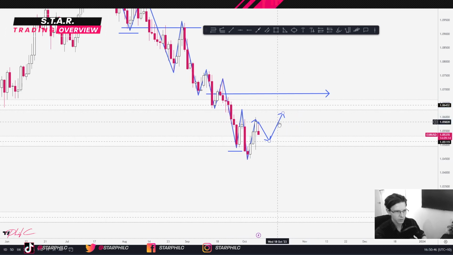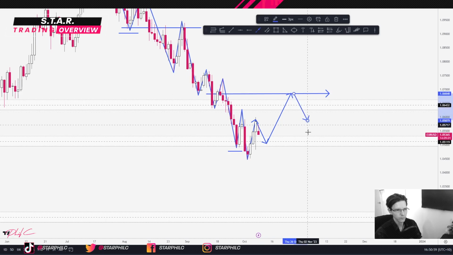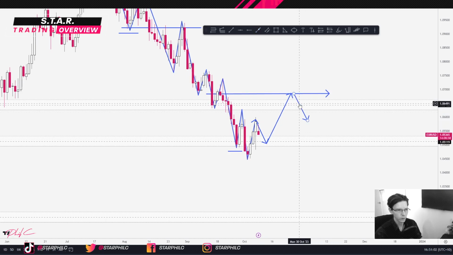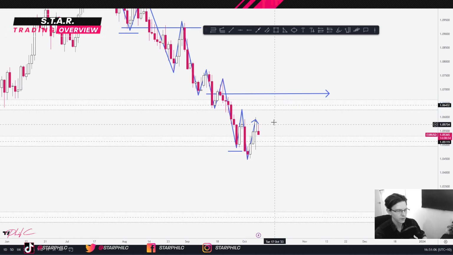Now, if that happens, again, this is all probabilities, right? If that happens, we're going to move down and then move up, we can look for a W formation. We can look for a pattern trade and look for sells. Okay? We will look for a selling opportunity towards the upside if price action moves up there.